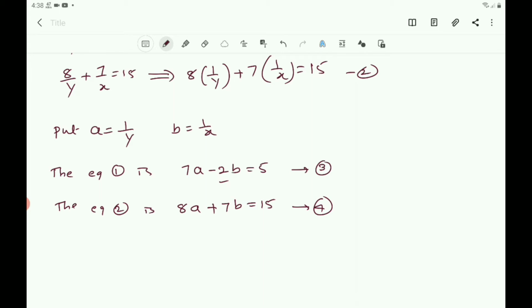So multiply equation 3 by 7 to have the coefficient 14. The LCM of 2 and 7 is 14.